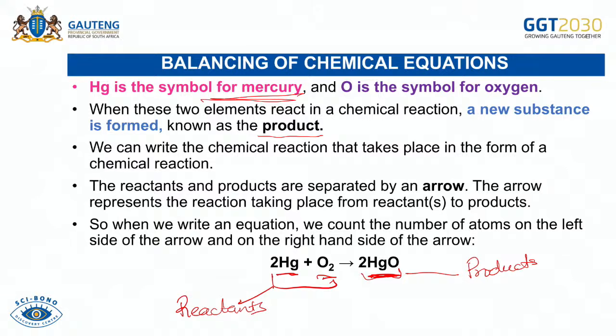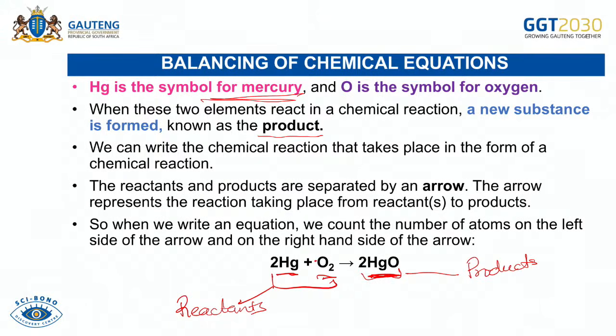So for us to be able to balance the chemical equation, it is important to look at the number of atoms in each element, so we make sure that it is equal both in the reactant part as well as in the product part. So when you look at this one, because it is balanced, there are 2 atoms of mercury, and these 2 atoms of mercury are reacting with 2 atoms of what? Of oxygen.